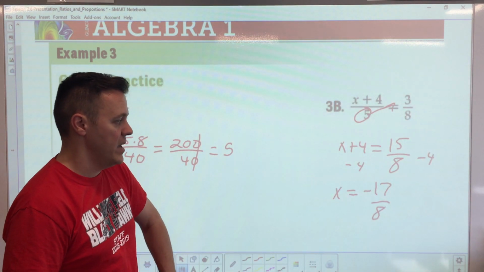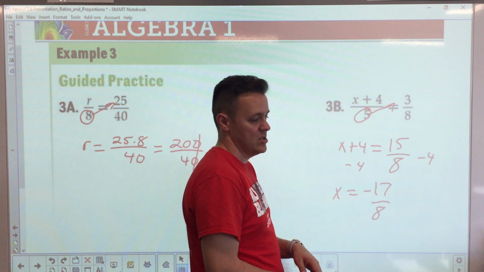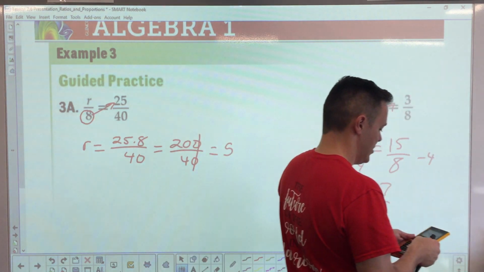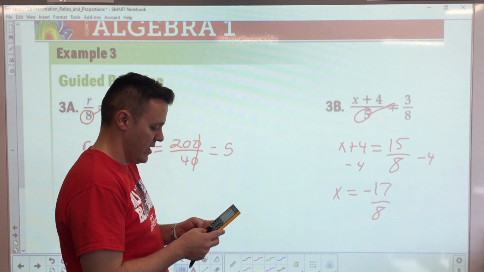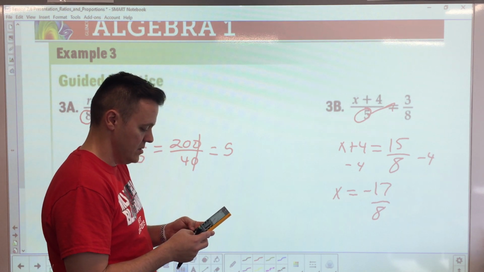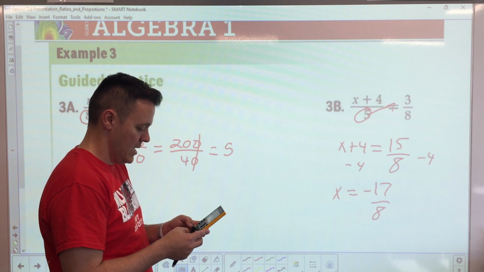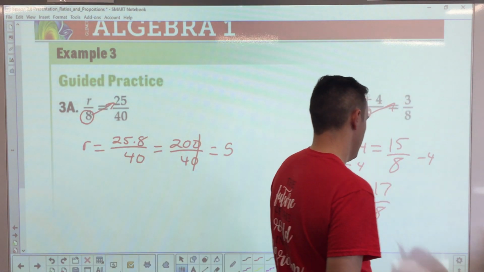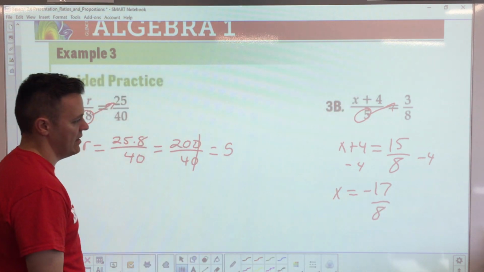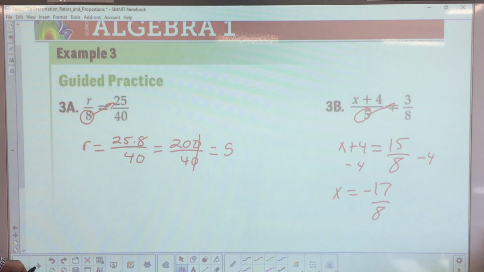But that's kind of the main principle with it. If you want to convert it to a decimal, you can. Negative 17 divided by 8 equals negative 2.13. All right, but you could leave it as that fraction as well. Just enter it in the calculator.